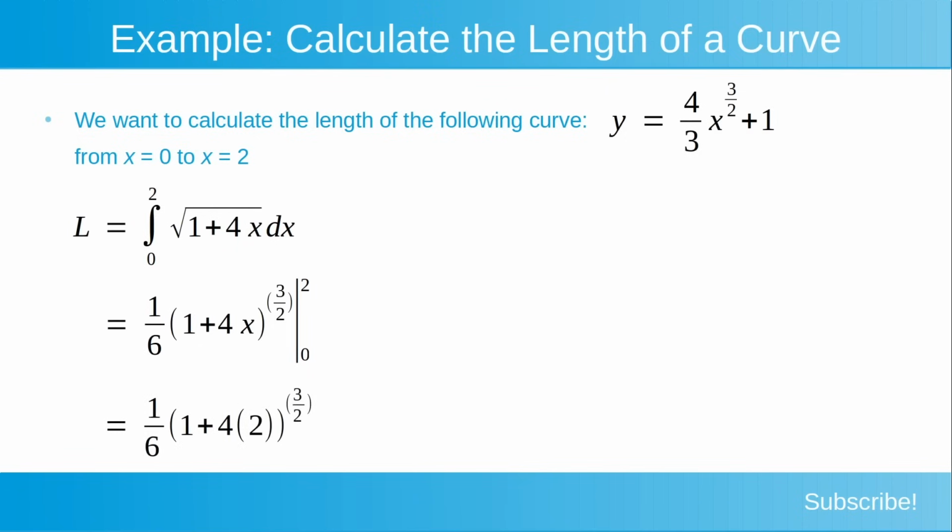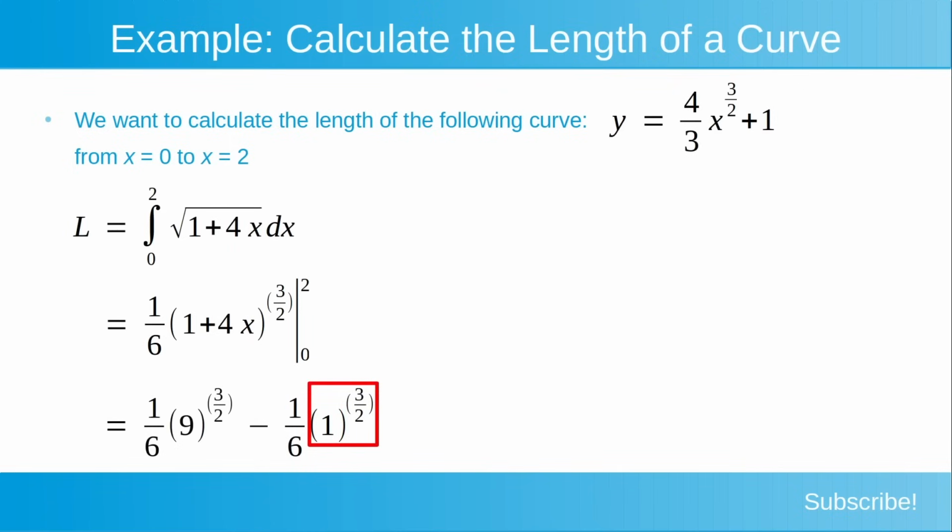This works out to be 1 over 6 times open bracket 1 plus 4 times 2 close bracket raised to the power of 3 over 2 minus 1 over 6 times open bracket 1 plus 4 times 0 close bracket raised to the power of 3 over 2. 1 plus 4 times 2 is equal to 9, and 1 plus 4 times 0 is equal to 1.